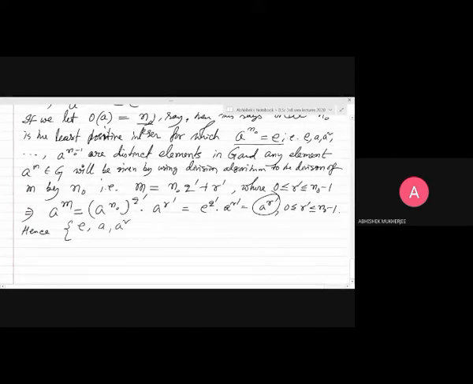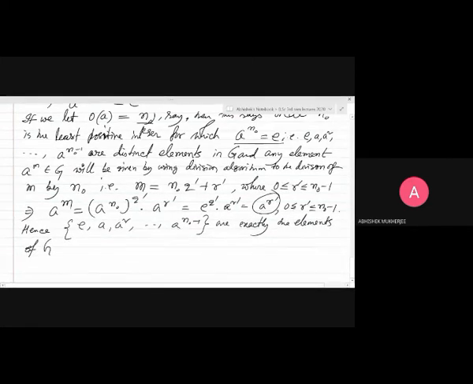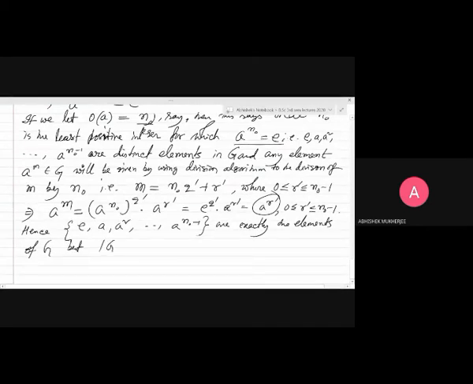Hence, e, a, a squared, up to a to the power n naught minus 1 are exactly the elements of G. But what is the order of G?